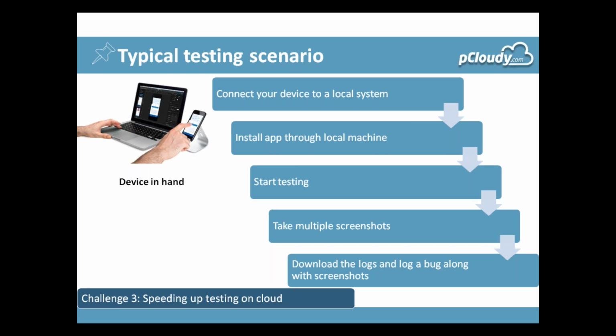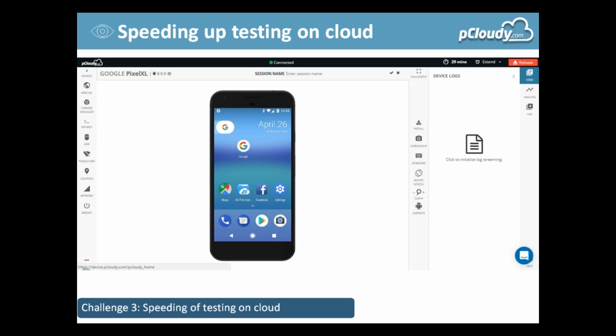So let's see how we do it on a cloud, and especially in the context of pCloudy. Once you connect to a device on pCloudy, what you see here is the real-time streaming screen of the device.